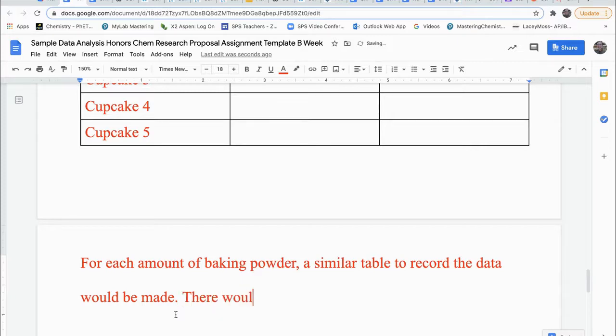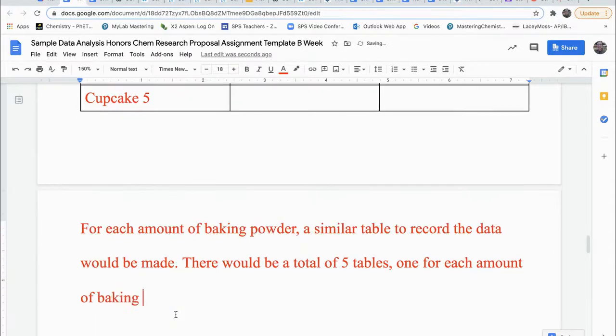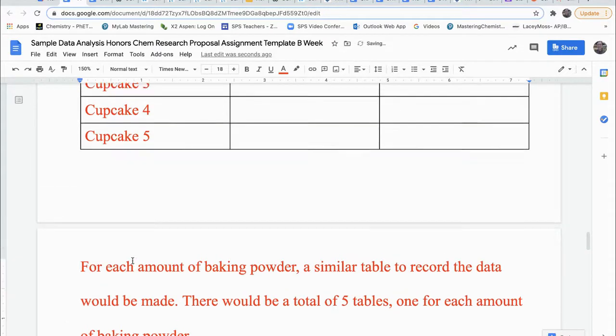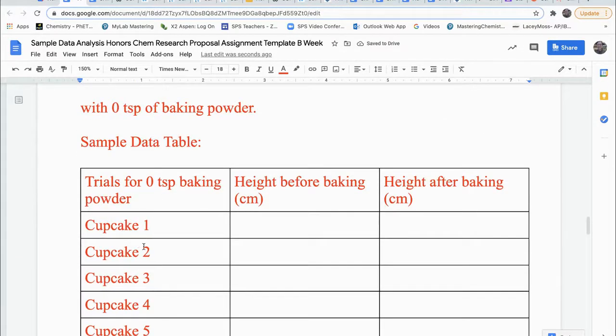There would be a total of 5 tables, 1 for each amount of baking powder. And that's how you would complete how to make the sample data tables.